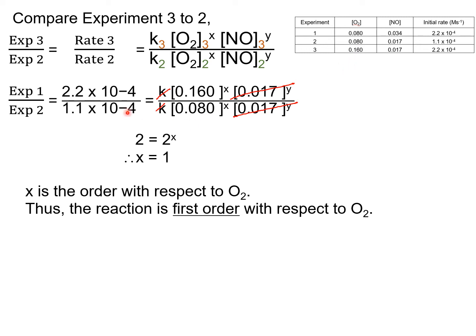Now I will get that 2 is equals to 2 to the power of X, and to find the X, so I know that 2 to the power of 1 is equals to 2 to the power of X, so I can cancel out digit 2, so now X equals to 1.